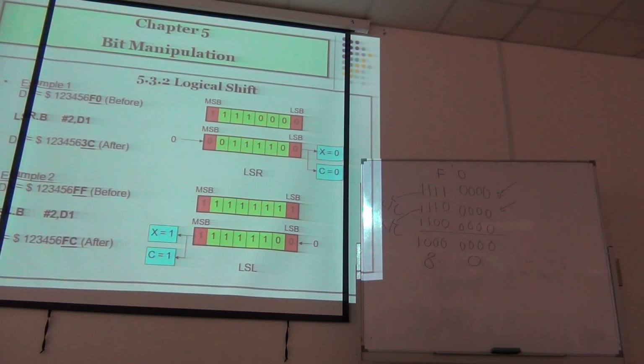You have to compare with the table. You should understand the table. The table concept is very simple.